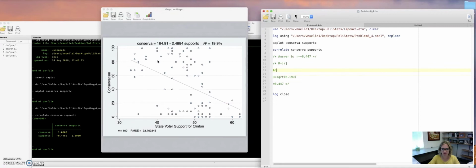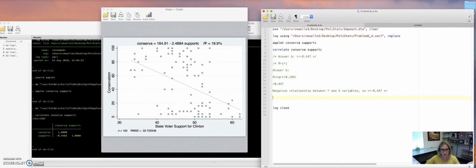So answer B is that r is the square root of 0.199. On top of that, we know that there's a negative relationship between the y and x variables. So little r, or the correlation coefficient, must be negative 0.447. Okay, so that's another way of figuring out how to answer that question.